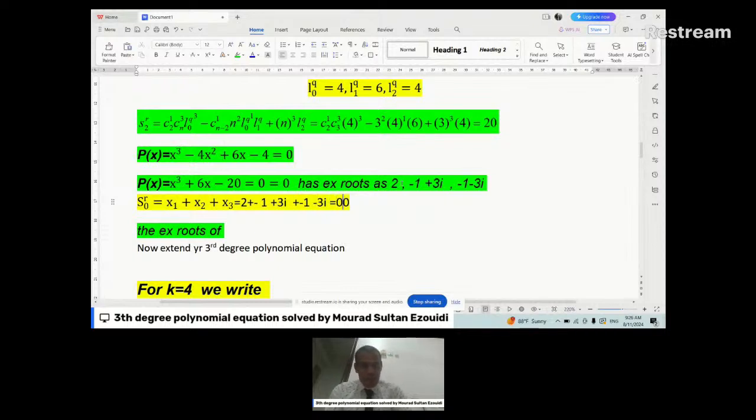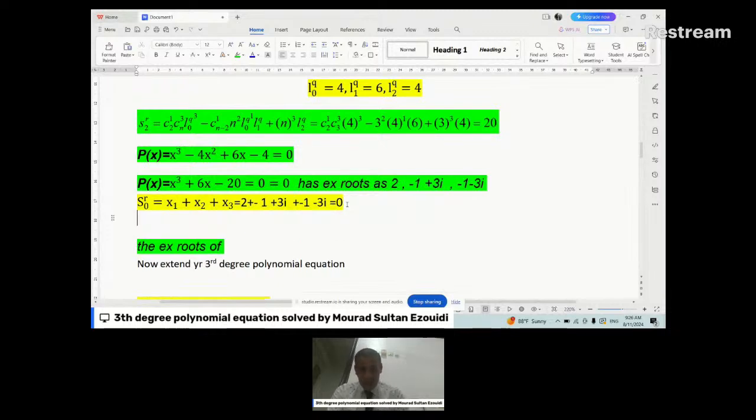Okay, this one has to be equal to 0. In fact, you see, 2 and minus 1 minus 1 is minus 2. Minus 2 plus 2 is 0. 3i minus 3i is equal to 0. Now, if you are going to use the current method, you will never find the same x roots and the same roots.